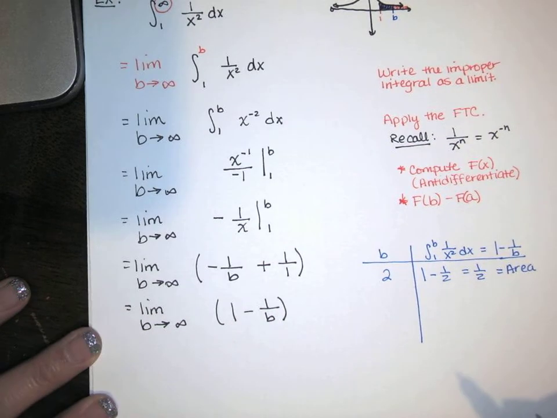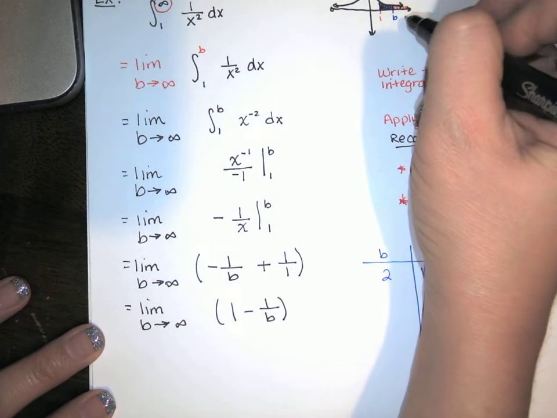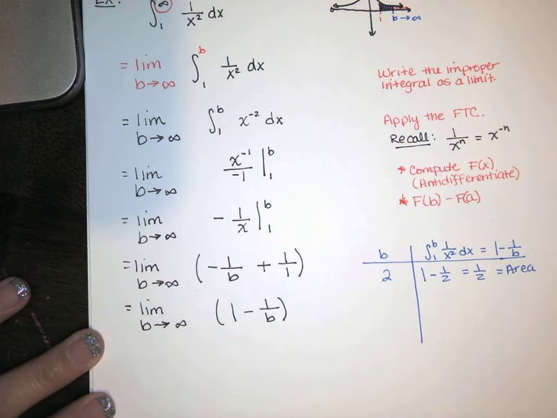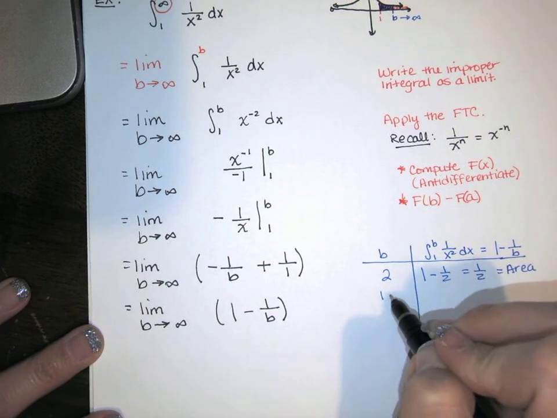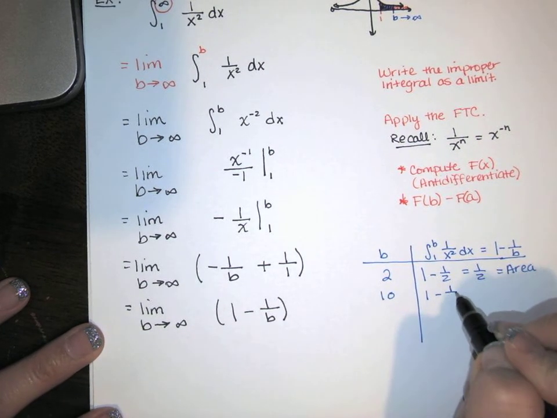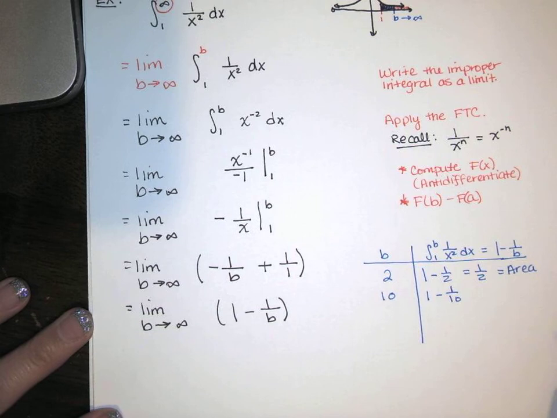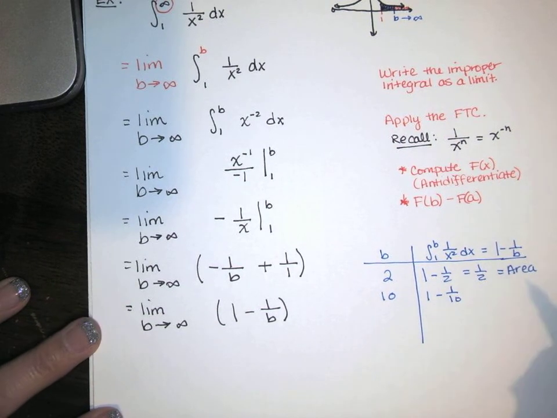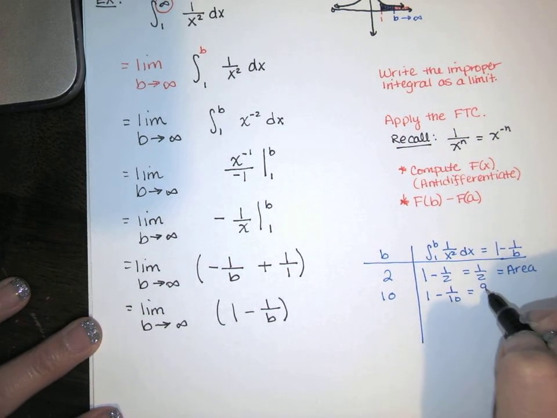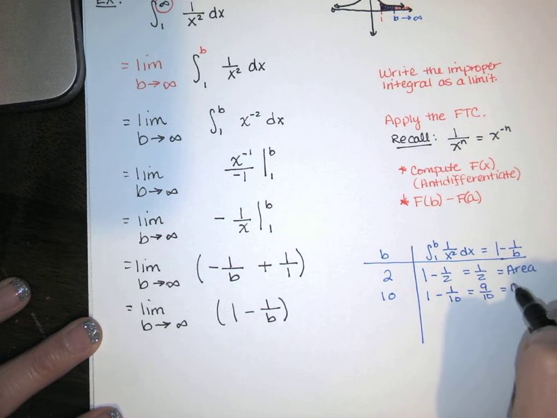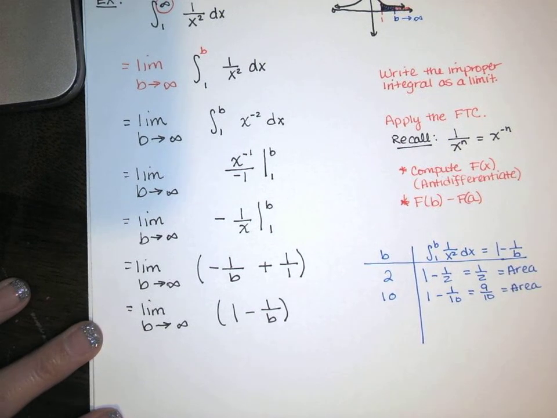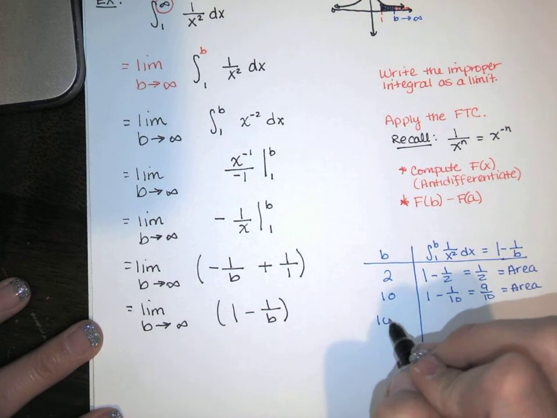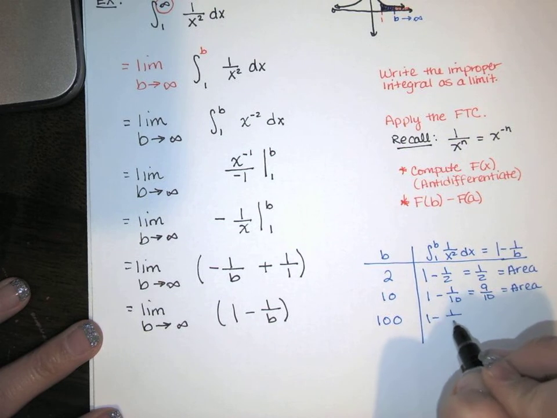That's what happens. You say, well, b is supposed to go to infinity. I know. We're getting there. So then we'll substitute in 10 now. Well, what do I have there? So I get 1 minus 1 over 10. So it's 1 minus 1/10 is 9/10 left over. That's our area. You say, okay, what if I substitute in b equals 100?